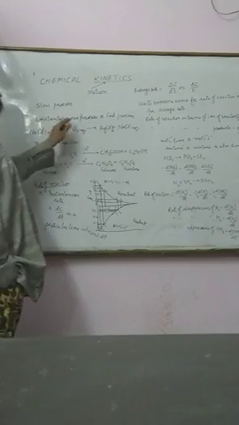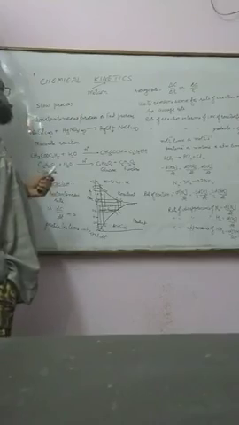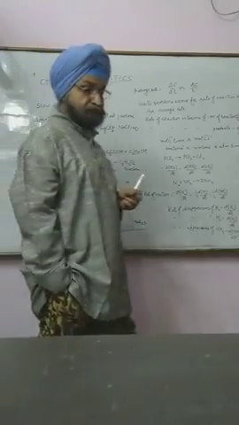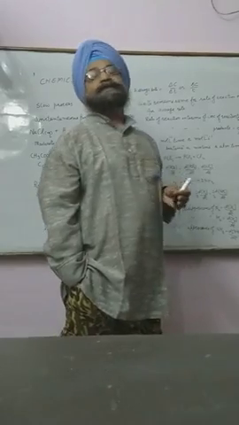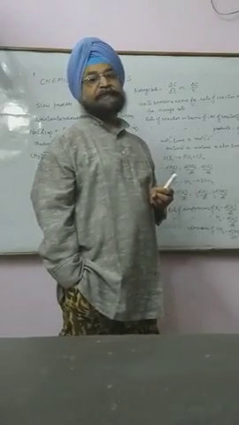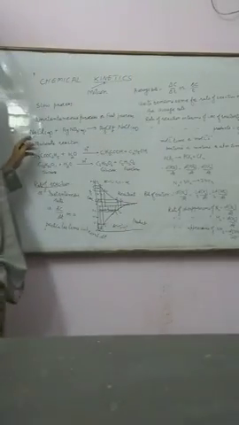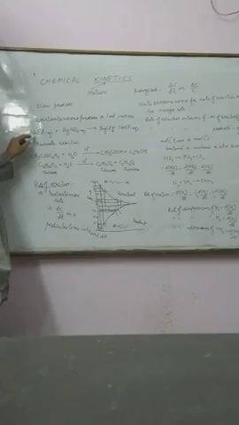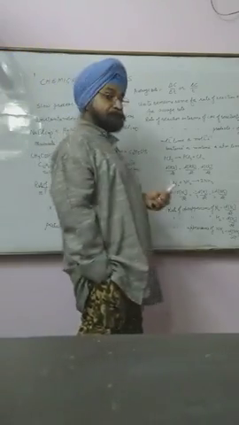Second is instantaneous or fast process. Instantaneous or fast process means the process which completes within no time, that is, requires less than 10⁻⁶ seconds. Like the reaction of sodium chloride with silver nitrate gives silver chloride.